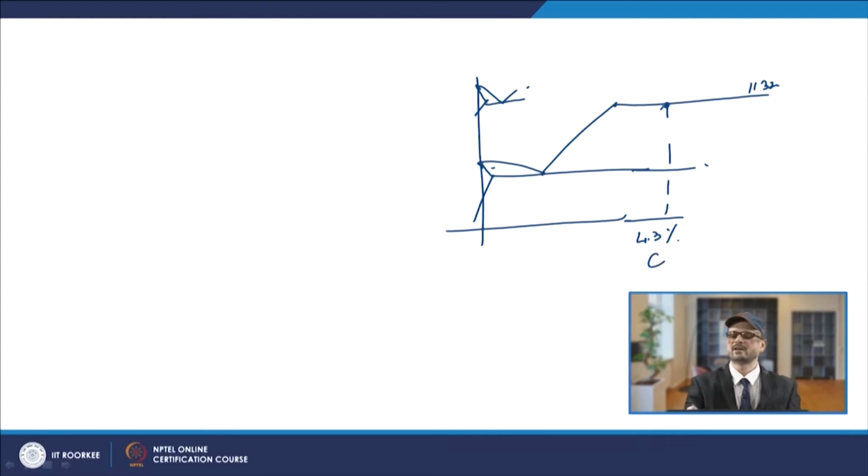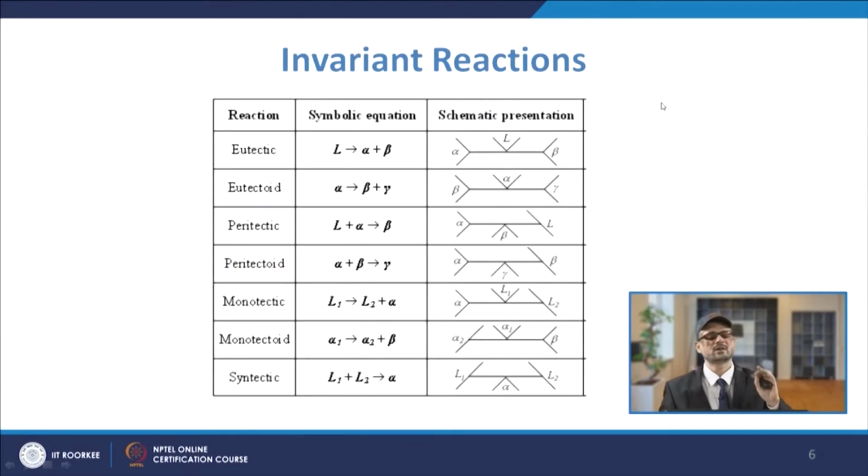Here you will have the austenite plus cementite mixture: on this side you will have gamma and on this side Fe3C, and this side is the liquid. So, that is your eutectic reaction, which you will come across in many systems. While cooling, the liquid will be converting to 2 solid mixtures.